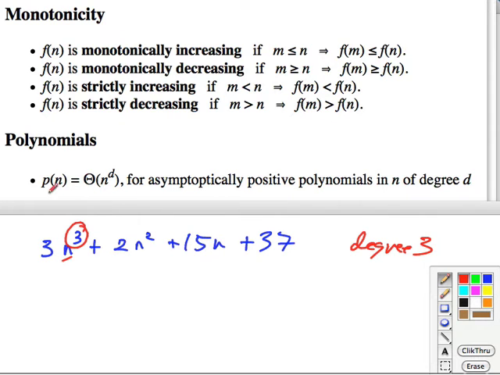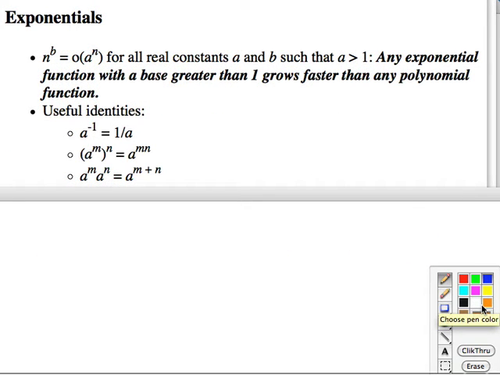So this fact here simply says that for any polynomial, it's going to be theta of n to the d, where d is the degree of the polynomial. So whenever you see an expression like this, you just look for the biggest exponent. You know, if this was n to the 3.1, then this would be theta of n to the 3.1, and so on.